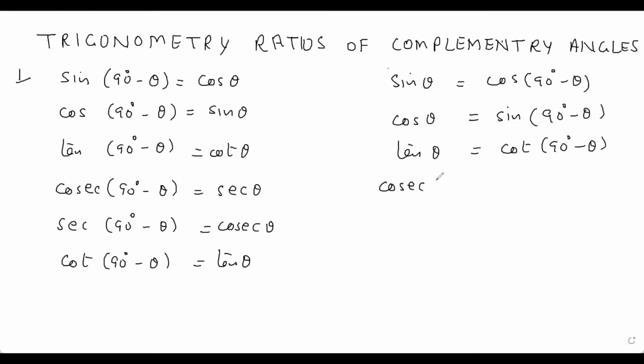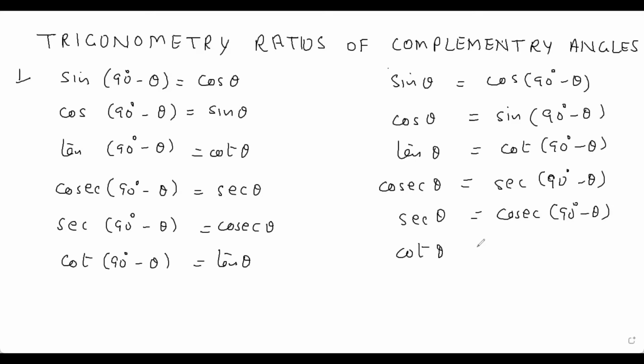Cosec theta can be written as sec (90 degrees minus theta). Sec theta as cosec (90 degrees minus theta). And cot theta is equal to tan (90 degrees minus theta).